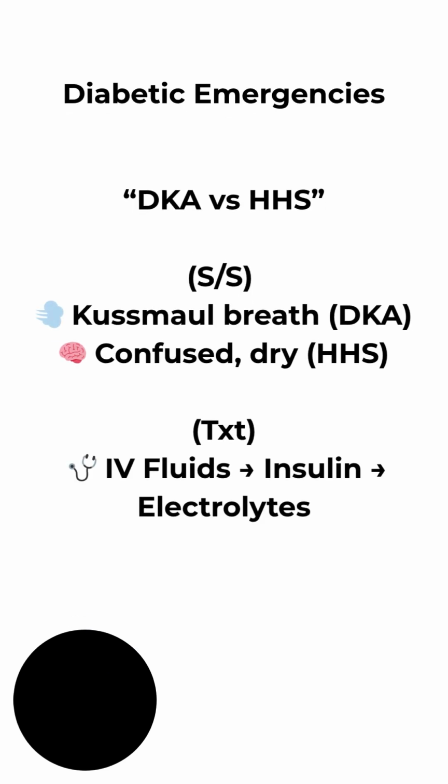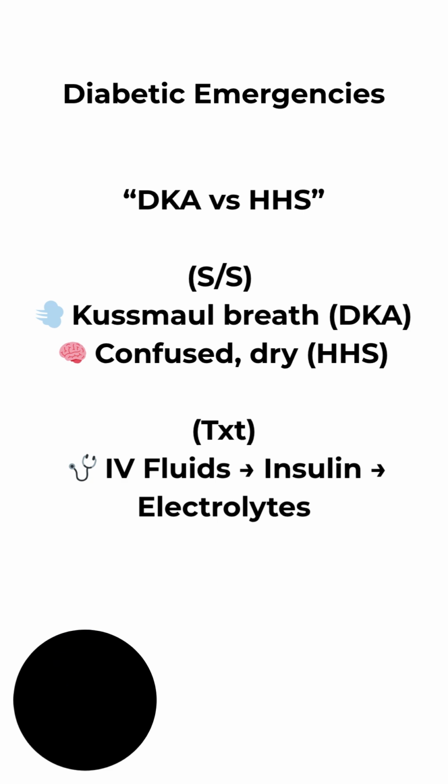Okay, y'all. So when we're talking diabetic emergencies, we're talking DKA versus HHS. Diabetic ketoacidosis, DKA, and hyperosmolar hyperglycemic state, HHS. These are two serious complications of diabetes. Some of the key differences: DKA is associated with type 1 diabetes.